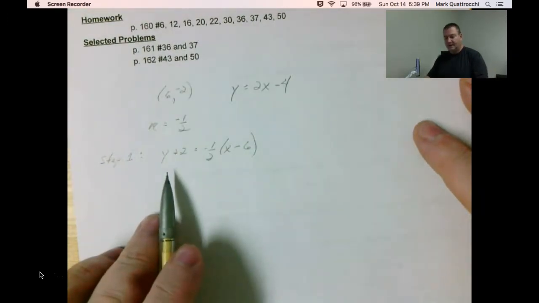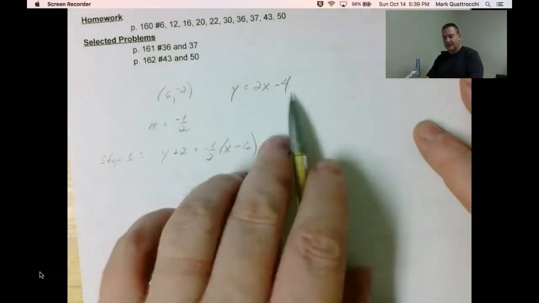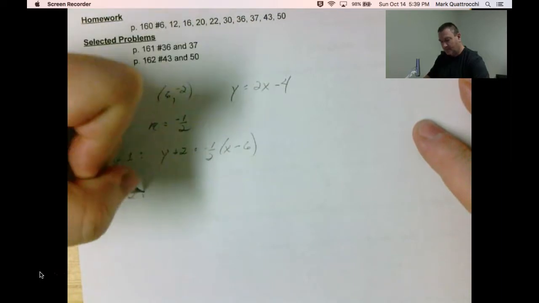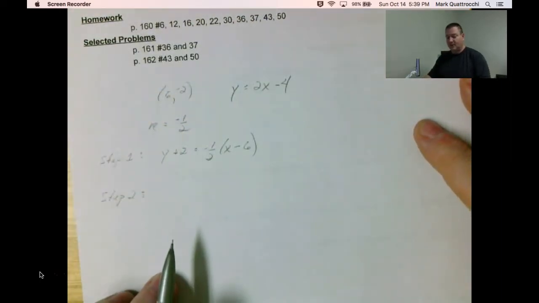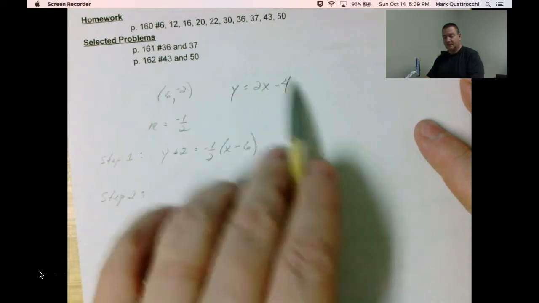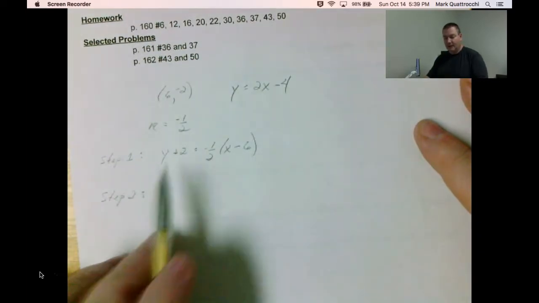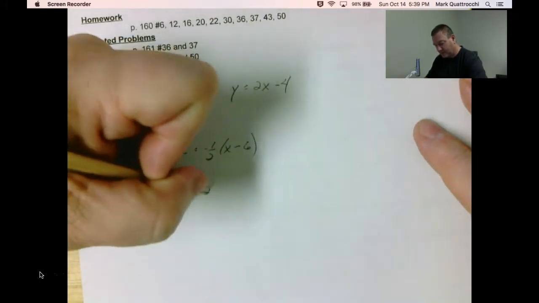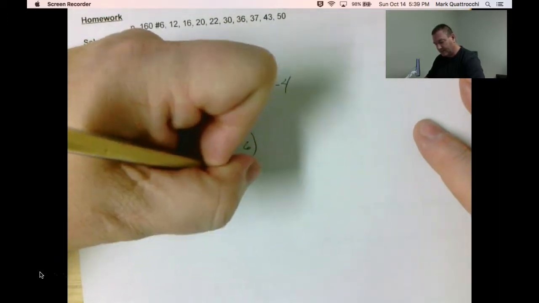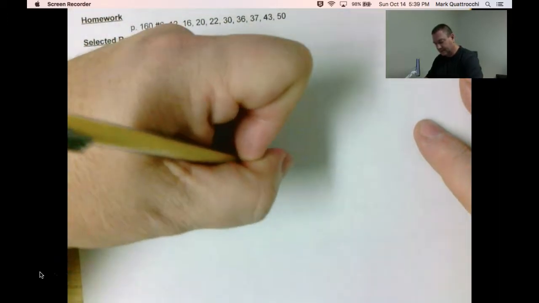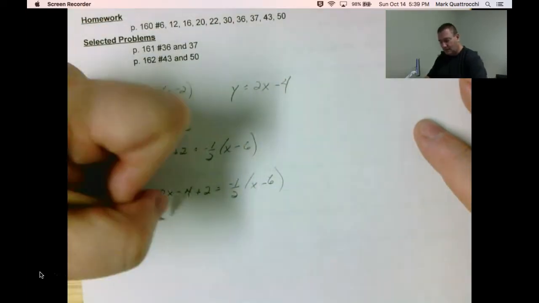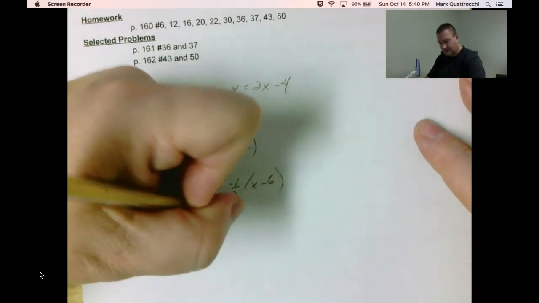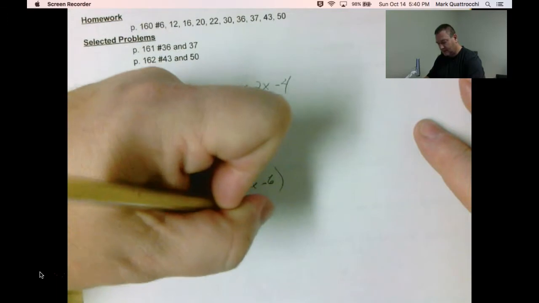Now I have to find the intersection between this line and this line. So step 2. To do that, like we did in the earlier example, we're going to take this, which is solved for y already, and substitute it in place of y here. Now I have 2x minus 4 plus 2 equals -1/2 x minus 6. 2x minus 2 equals -1/2 x minus 6.